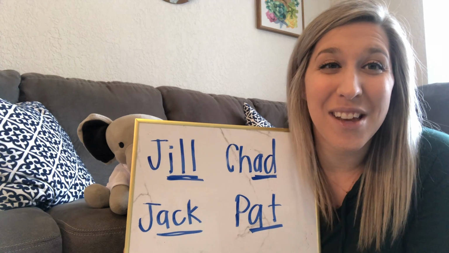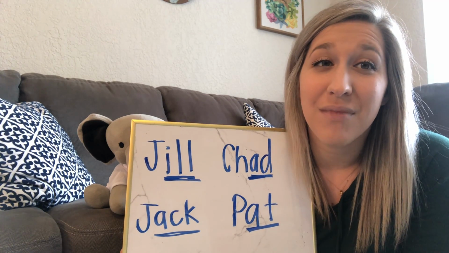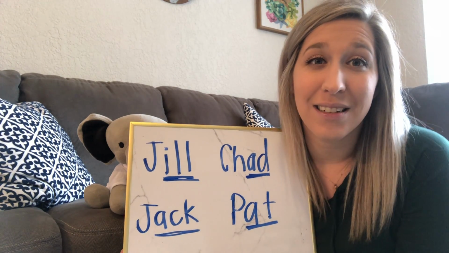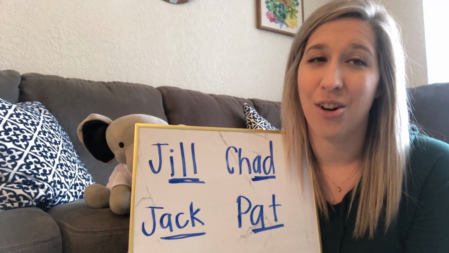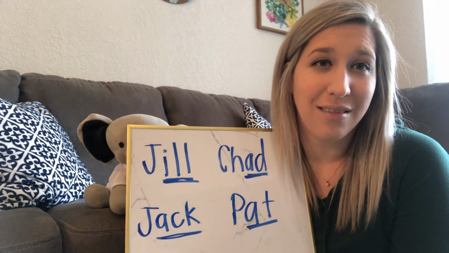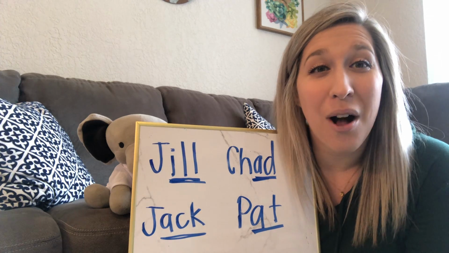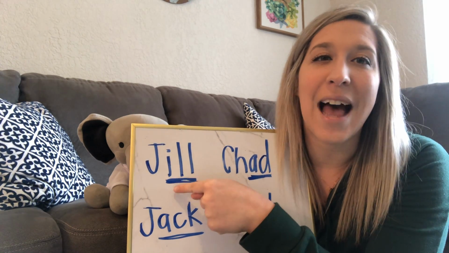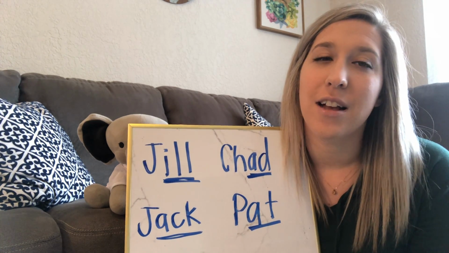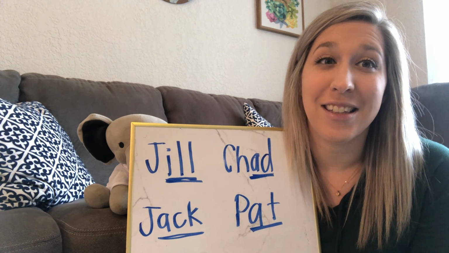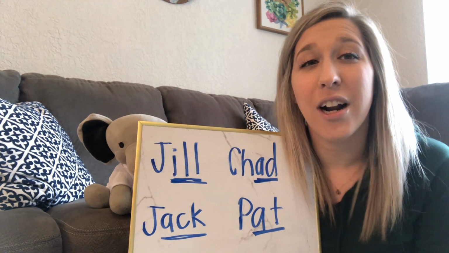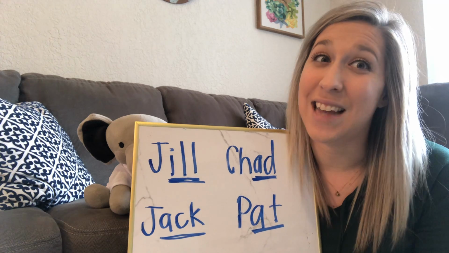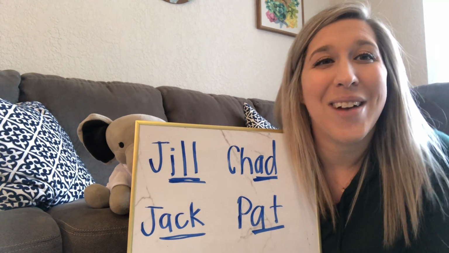And then your job is going to be to come up with your own poem, just like my pal Pete. Could you say my pal Jill or my sweet friend Jill? Whatever you want, it's your poem. We just want to make sure that those last words rhyme with our word. So Jill is such a thrill, or Chad does not like to be mad. Okay, so think of your own poems and I can't wait to read them.